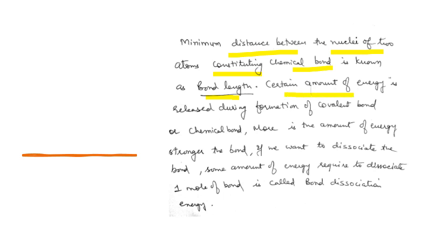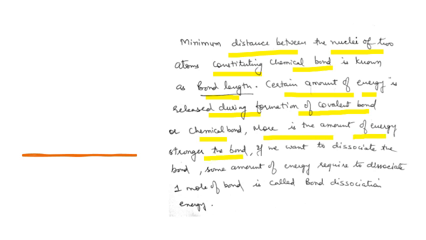And a certain amount of energy is released during the formation of the covalent bond. As the energy goes on releasing and minimizing, we can say that during the formation of a chemical bond a certain amount of energy is released. The more the energy, the stronger the bond.